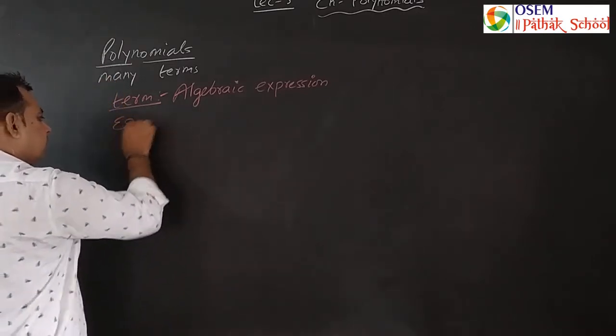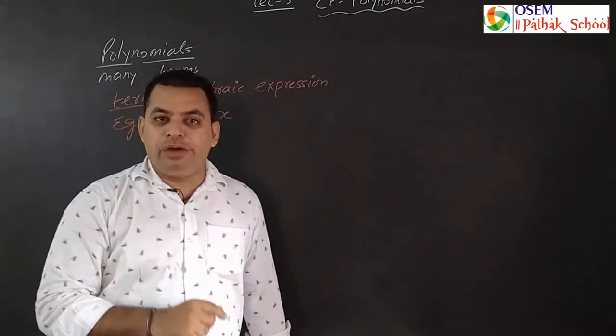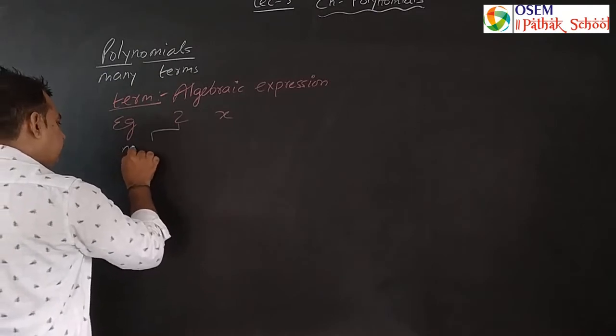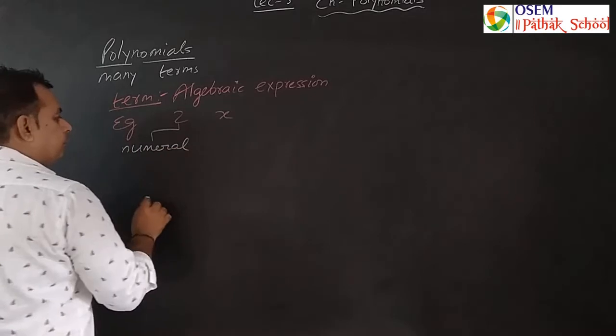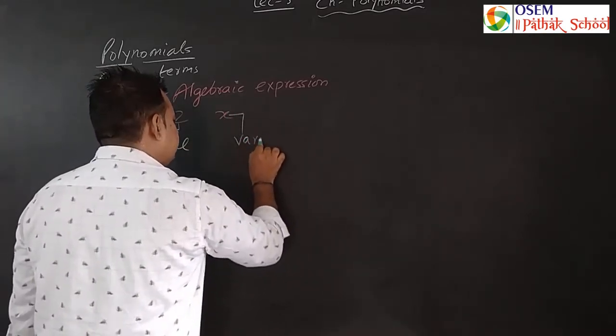For example, if we take 2x, this 2 is a numeral part, and this x is a variable.